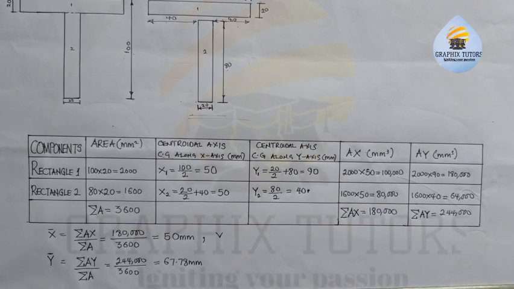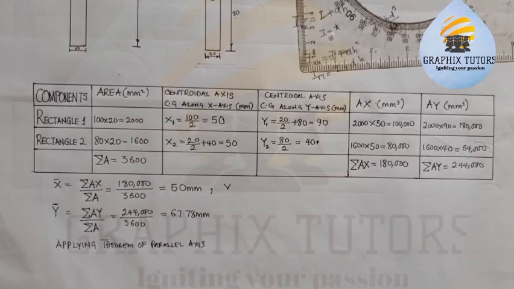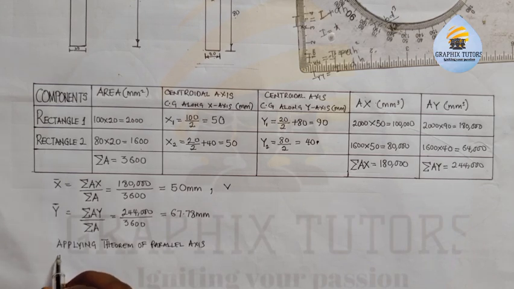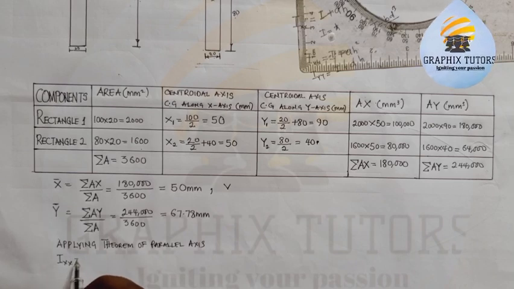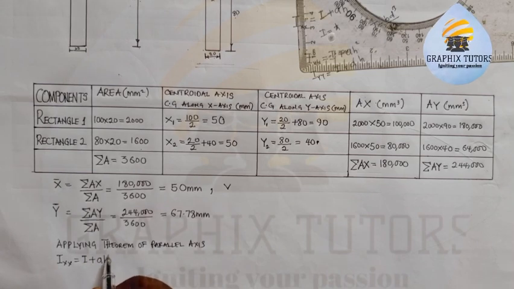Now we move forward. We have successfully calculated the center of gravity of the figure. Now we want to calculate the moment of inertia. Applying the theorem of parallel axis, we say that Ix is equal to I plus the area multiplied by h square.